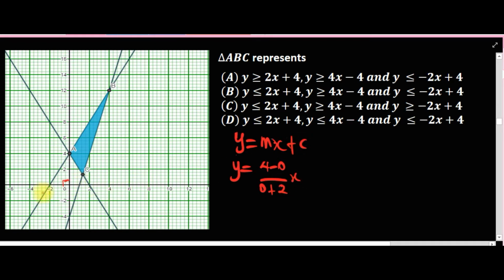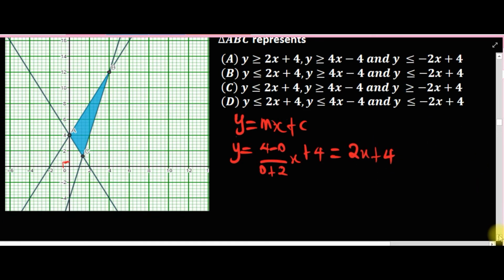The c is the y-intercept, which is 4. So the first equation is y equals 4 over 2, which is 2, x plus 4.